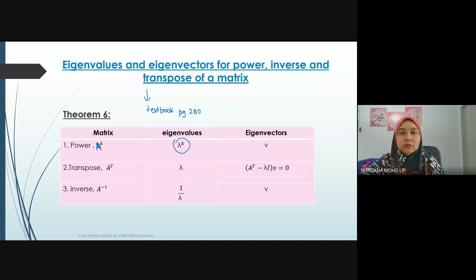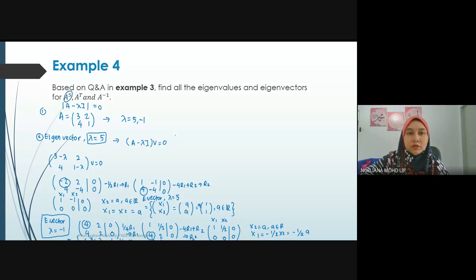So for lambda to the power of k, for A to the power of 5, lambda equal to lambda to the power of 5. So we will get 5 to the power of 5, and then -1 to the power of 5.